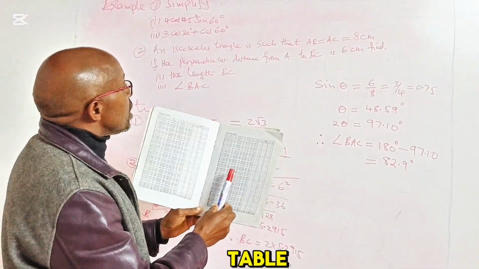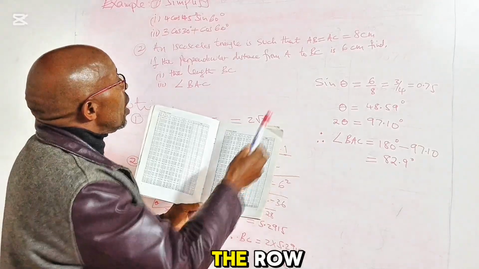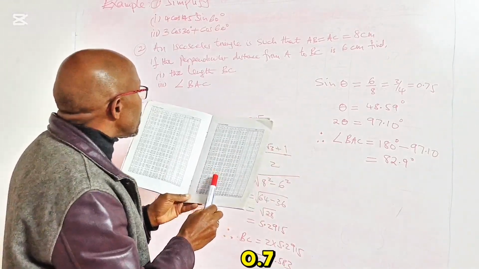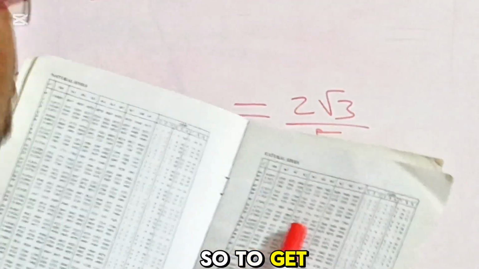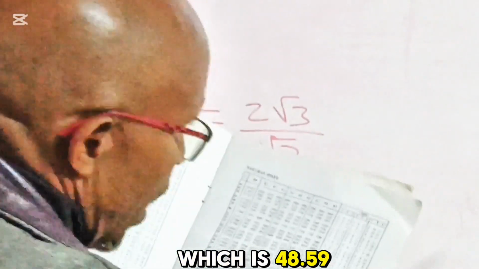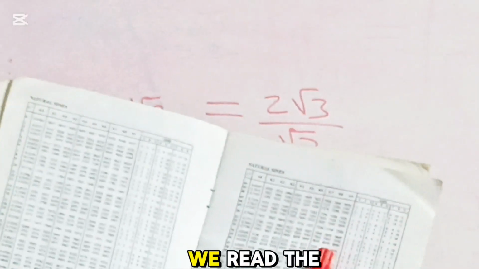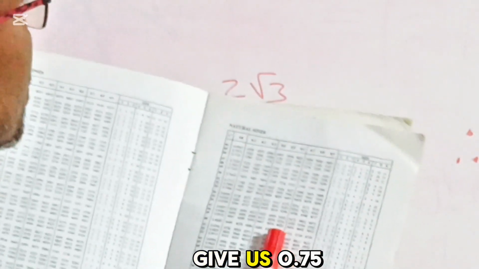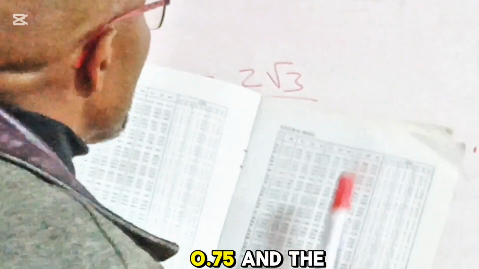From the sine tables, we go to the row that is written 0.7. So to get theta here, which is 48.59, we go to the main column, and look for the number that will give us 0.75 or near to 0.75.